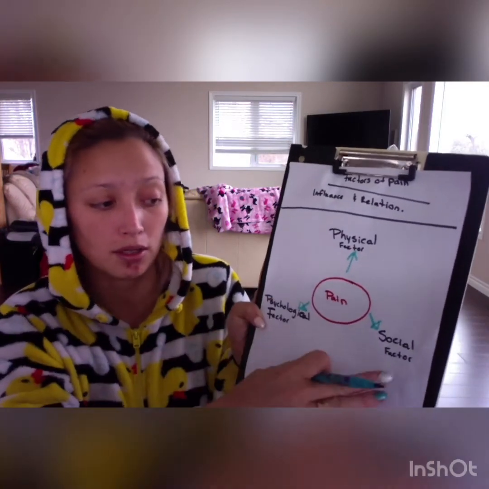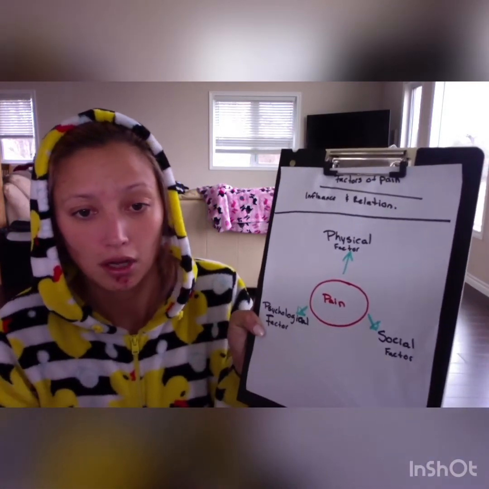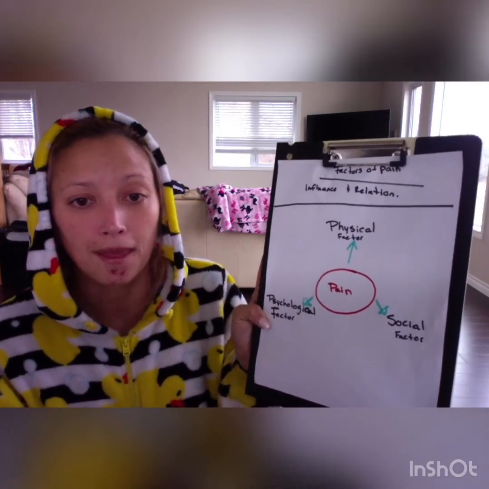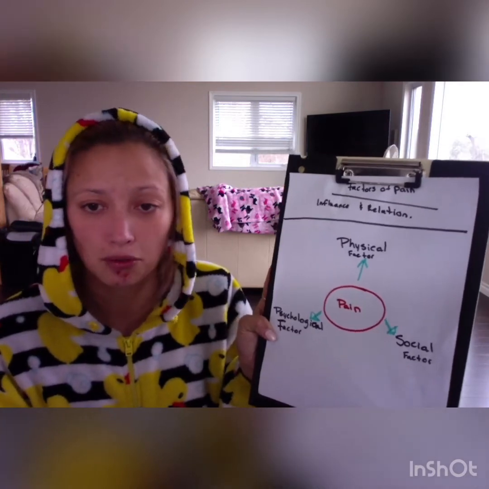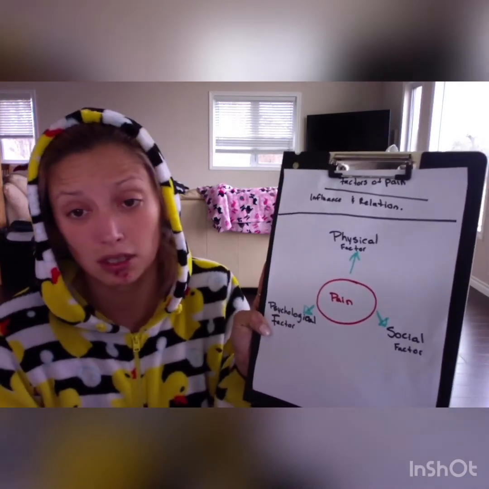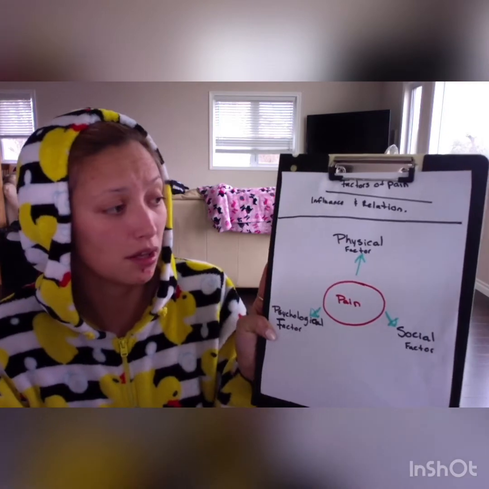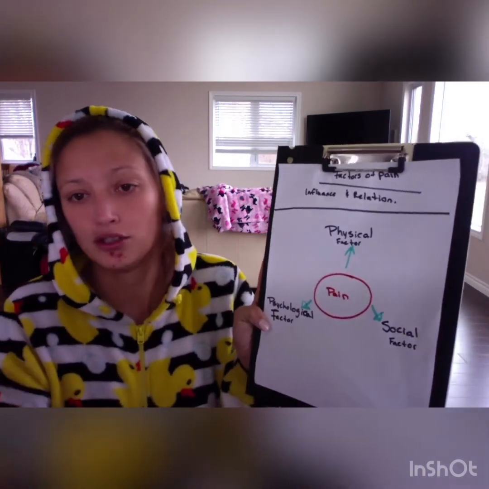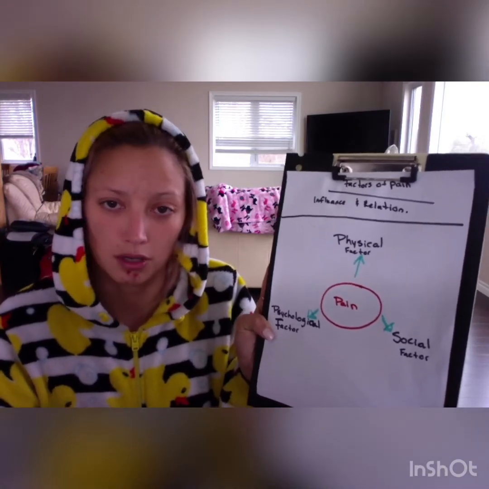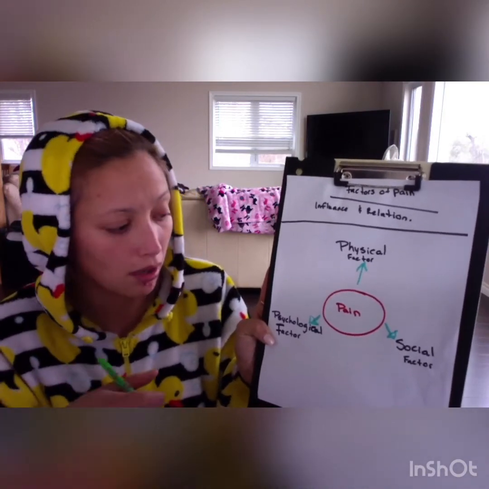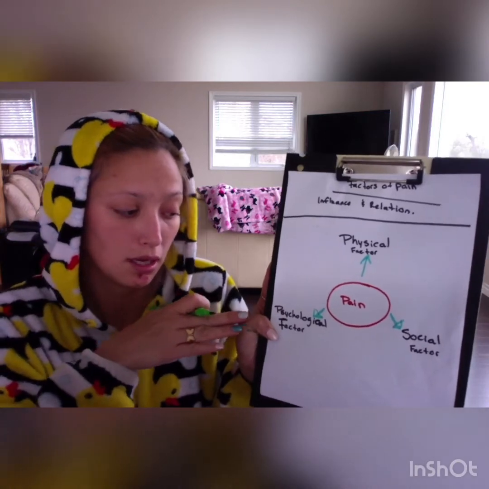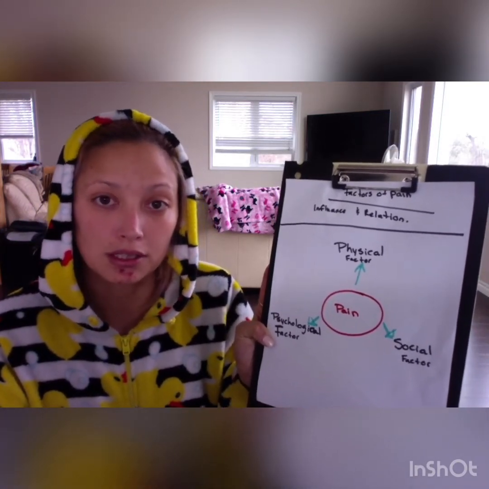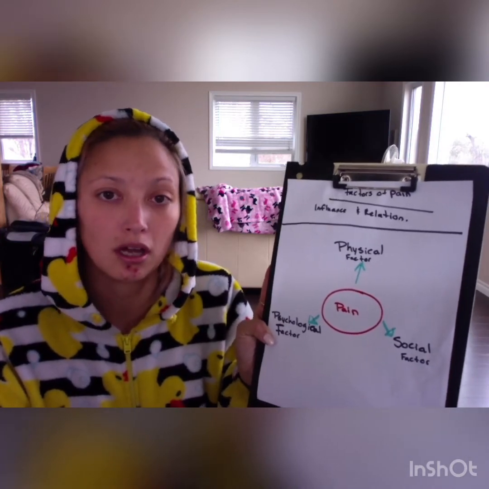So if you're in pain, you may not go out to social events or want to hang out with friends or even talk on the phone, sit with your husband, do things with your significant other. Physical factor: if you're in pain, you cannot do the things that you would normally do when you're not in pain. When you're in pain, the psychological factor comes in. When people are in pain, they become depressed. There is a connection.